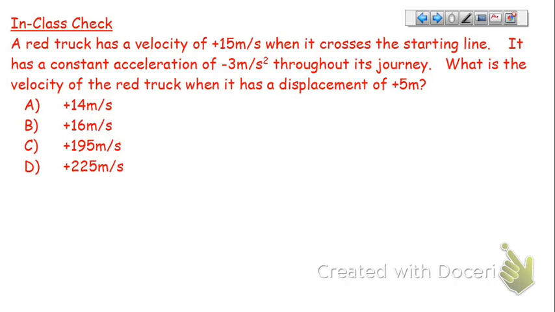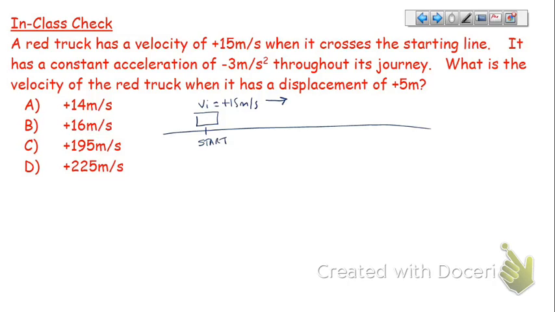Red truck has a velocity of +15 meters per second when it crosses the starting line. Oh, okay, so here's my starting line. Here's my start. And it's got +15 meters per second, so VI equals +15 meters per second. It's going in that direction.